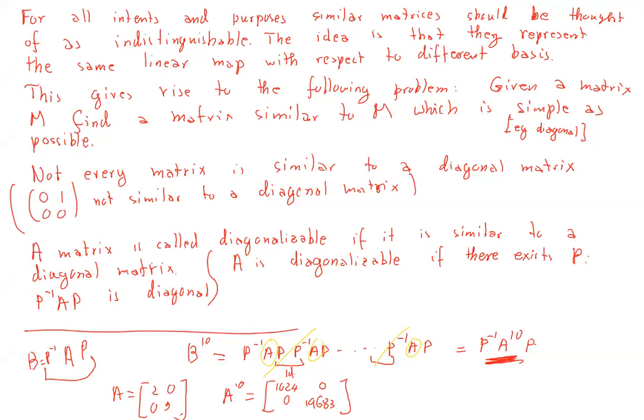One of the instances where we have interesting situations like that is what is known as chaos theory, for example, where you keep applying the same transformation over and over and over to see what happens. And basically what we're saying is that if the matrix happens to be diagonal, then you have much better control over it than if it's not diagonal. So in other words, all of a sudden you realize that we've been talking about linear maps and so on.